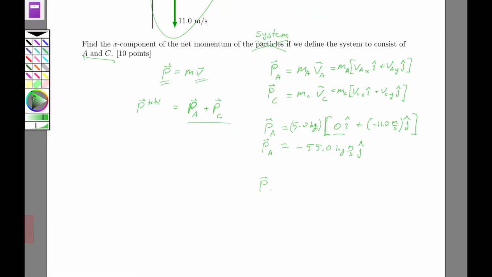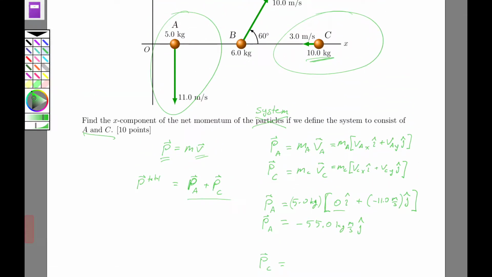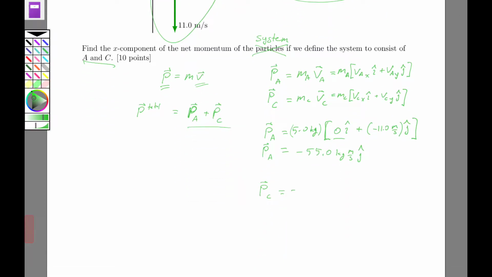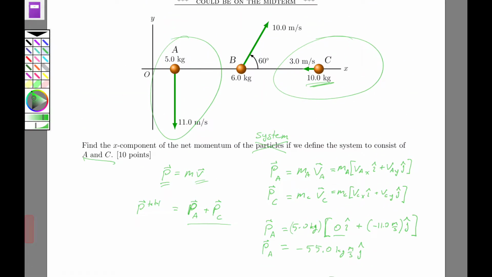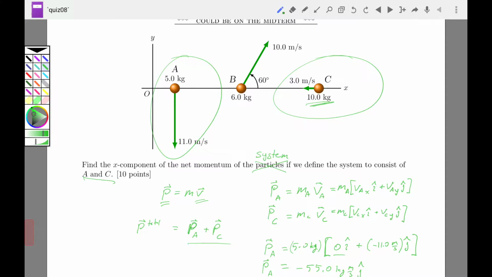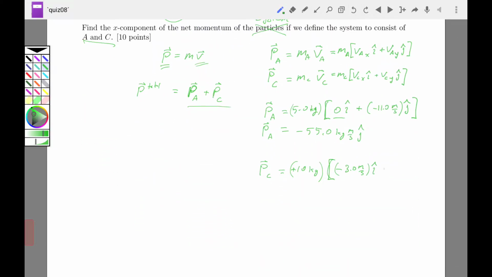And then for C, what is the mass of C? That was 10 kilograms. And then that's supposed to be plus 10 kilograms times the x component, that's negative 3 meters per second, I-hat, negative because it's pointing in the negative x direction, and it has no y component, so that's 0.